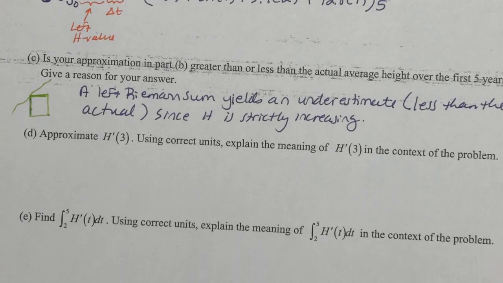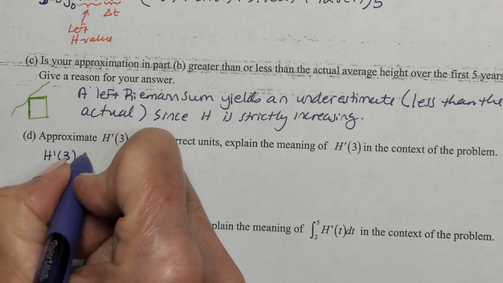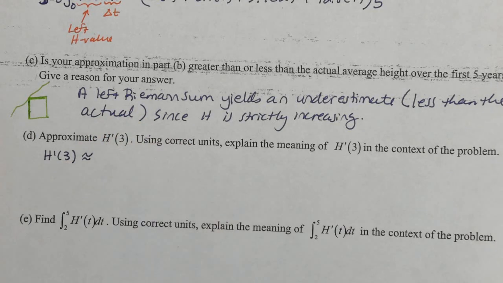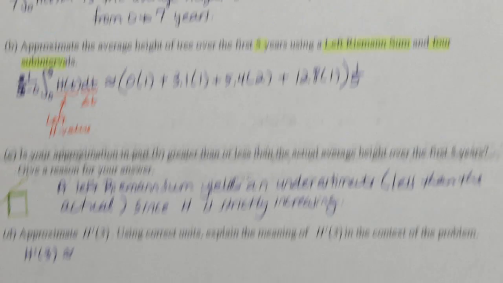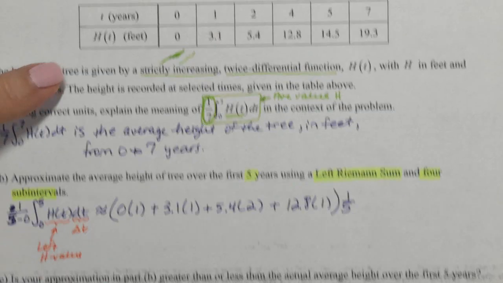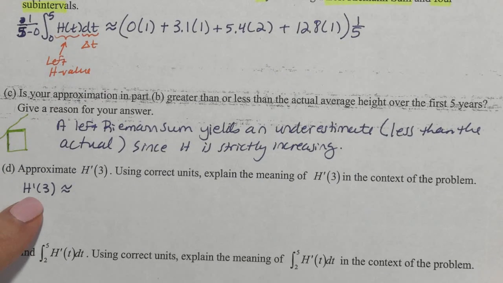Next up, approximate h prime of 3. H prime of 3 is approximately. All right. What is approximately h prime of 3? Well, our table has h in it. We want to approximate h prime. I know h prime is the instant slope of h.